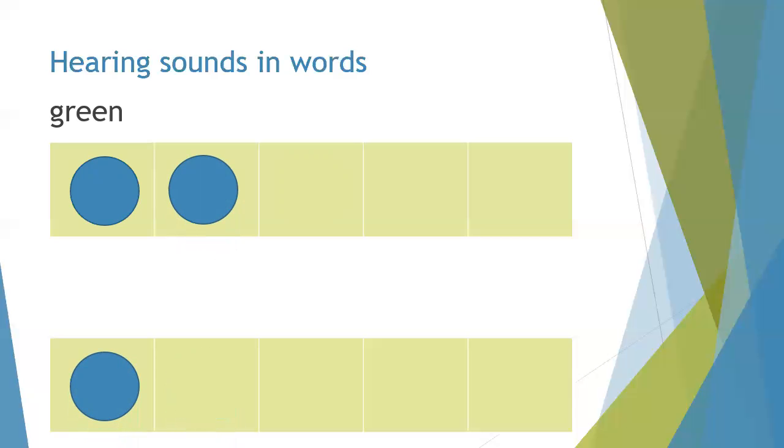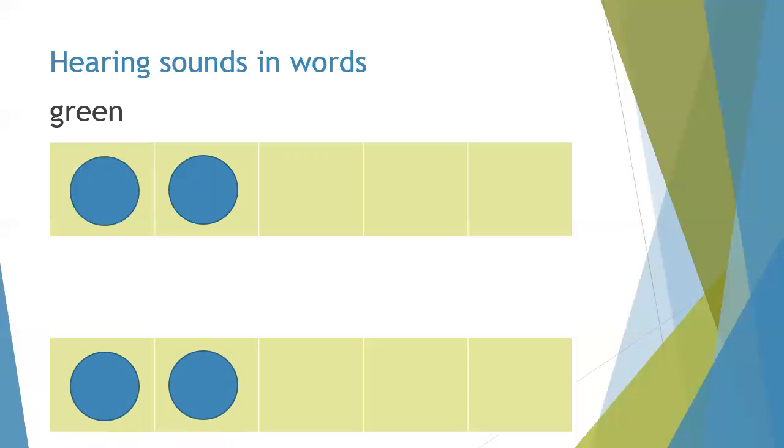Sorry, the dots are not coming up there correctly. So it should be g, r, and then another dot for the E and another one for the N. I apologise for that. Let's have a look at the word drink. It's exactly the same.